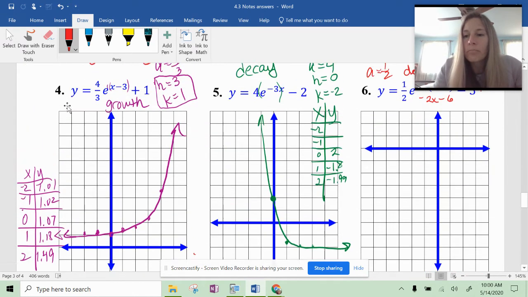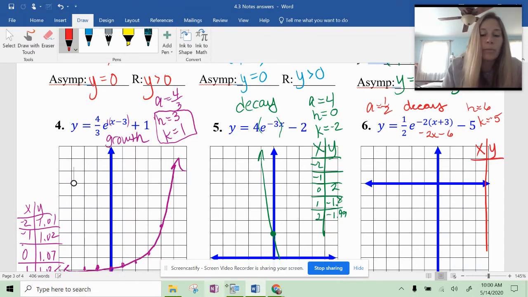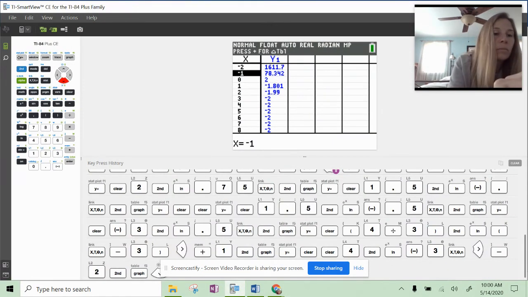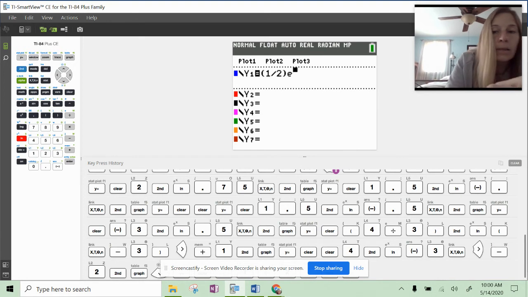Let's see. Okay, so again, putting this into our calculator. I'm actually going to wait before I put my grid. So we're doing 1/2 times the e raised to -2x minus 6.